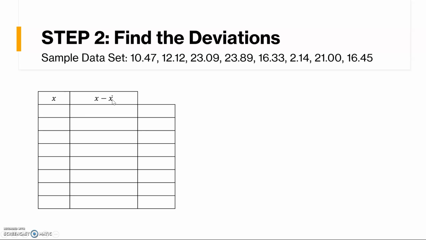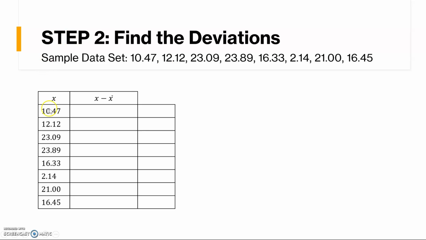So what are our data values? Well, that's just going to be our data set. So it'll be 10.47, 12.12, 23.09, 23.89, 16.33, 2.14, 21.00, and 16.45. All of those are going to be our x values. Now the mean that we just found was 15.686.